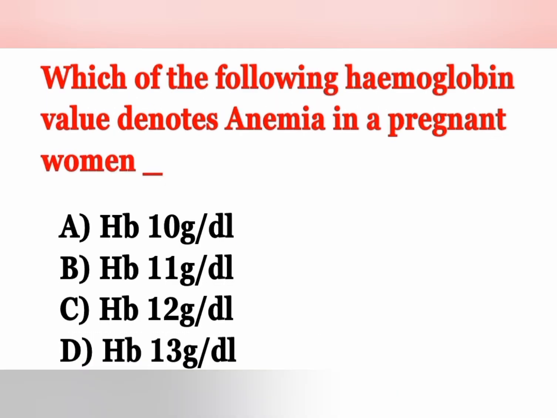The next question, which of the following hemoglobin values denotes anemia in a pregnant woman? Options: option A, HB 10 gram per deciliter, option B, HB 11 gram per deciliter, option C, HB 12 gram per deciliter, and option D, HB 13 gram per deciliter.